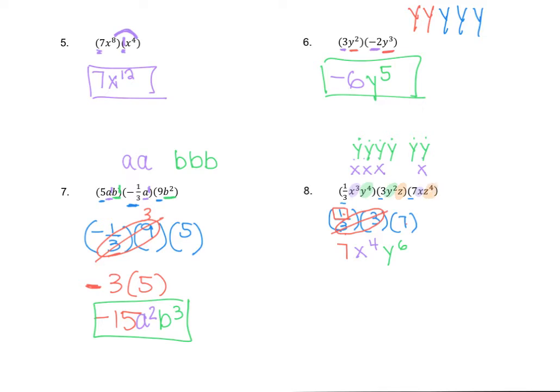So if I have z and then z to the 4th, I have z, z, z, z, z. So that's 1, 2, 3, 4, 5. So that's z to the 5th. And my final answer is 7, x to the 4th, y to the 6th, z to the 5th.